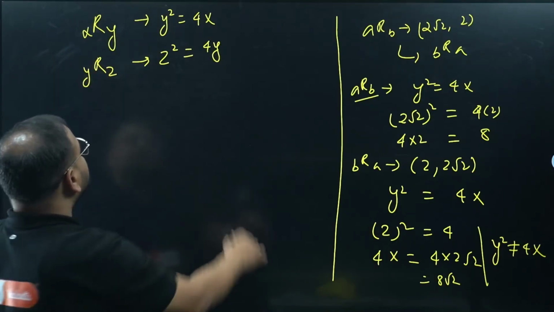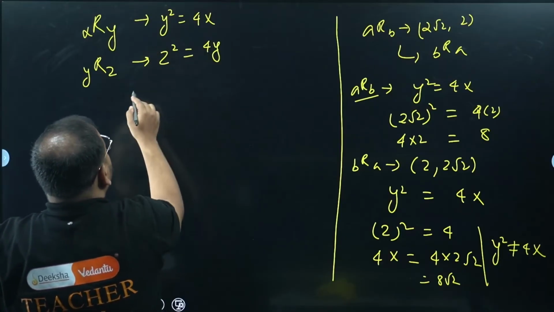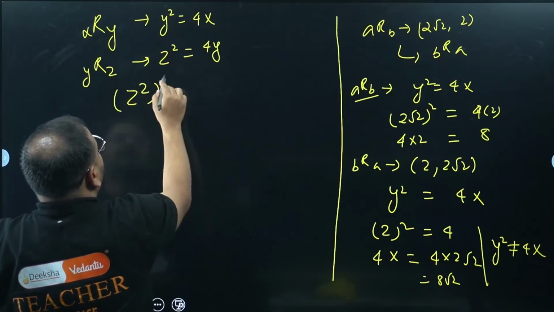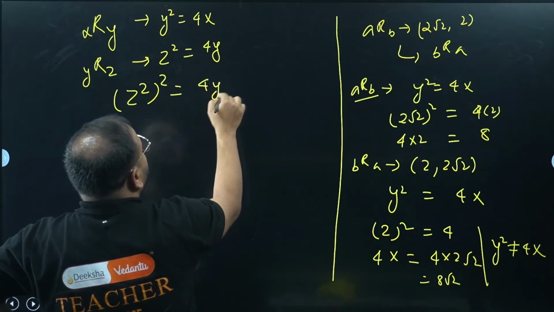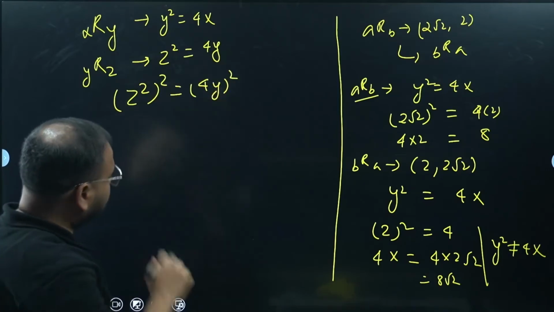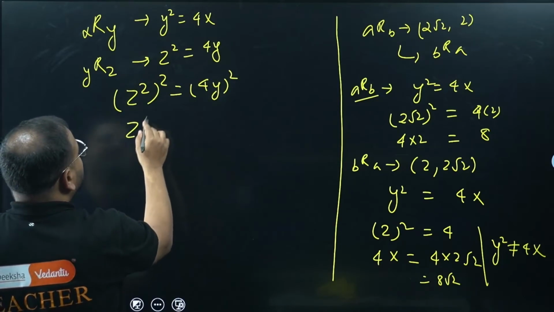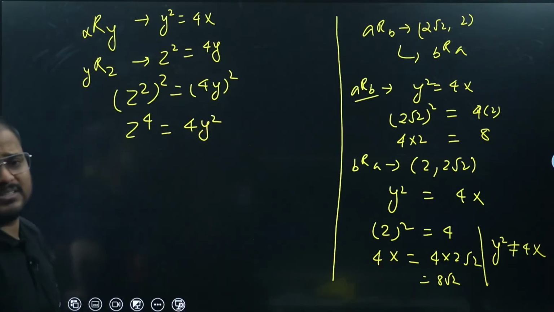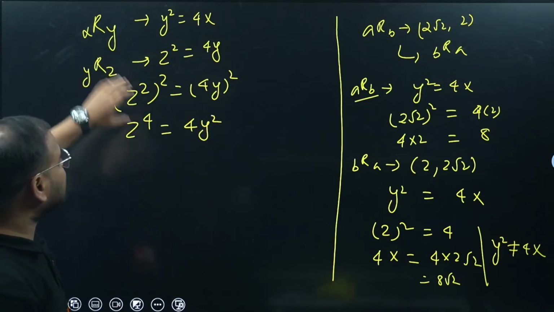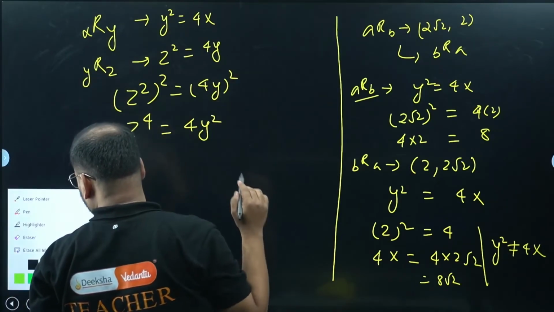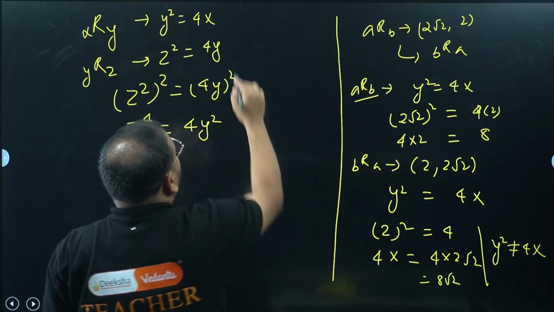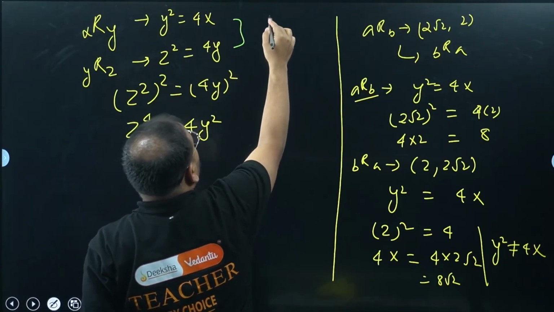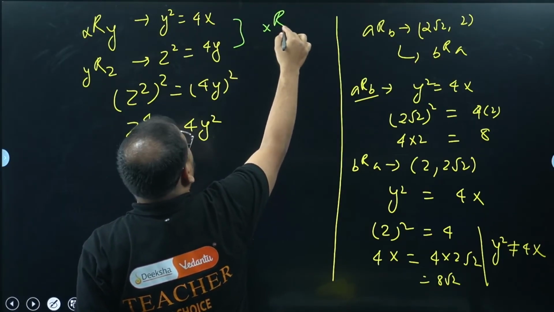Let's check it out. Let's square this up: z square whole square and 4y whole square. What will I get on this side? z power 4 equals 16y square. Why am I doing that, sir? Because I want to make a relation between x and z. The outcome of all of this has to be xRz, right?